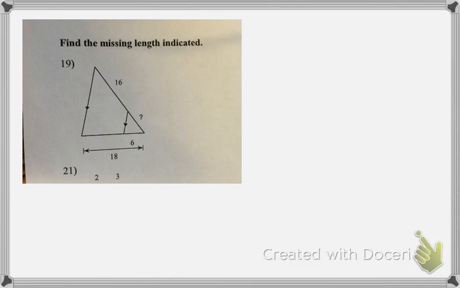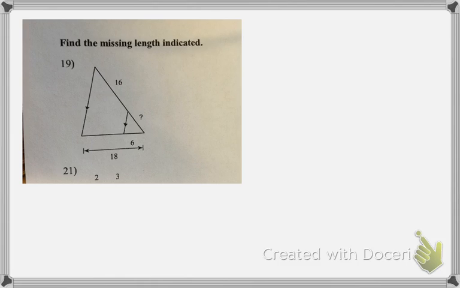Number 19 is one that you can also use for numbers 11 through 14 on the front. They'll be very, very similar to this, all right? So keep in mind that numbers 11 through 14 and 19 through 22 are all similar to each other. I'll do this one to help you guys out.